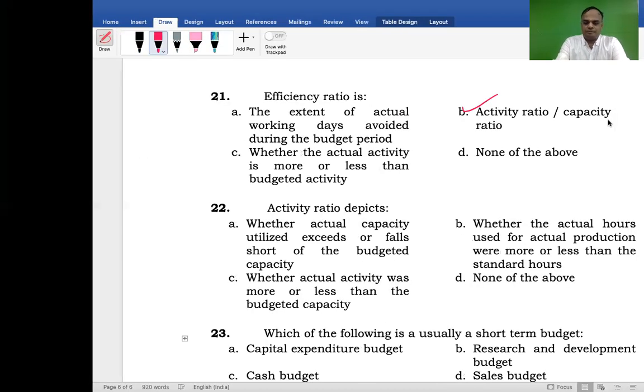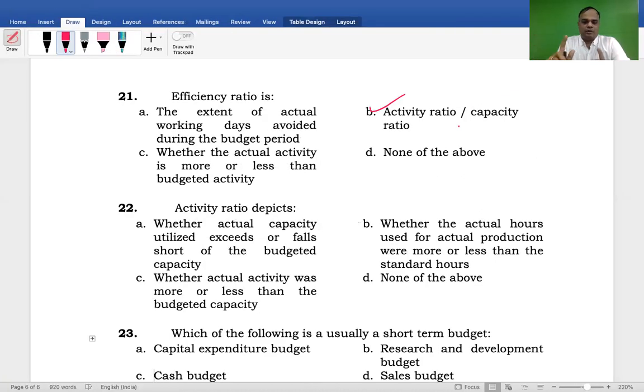D, none of the above. Already we discussed this in the previous question.